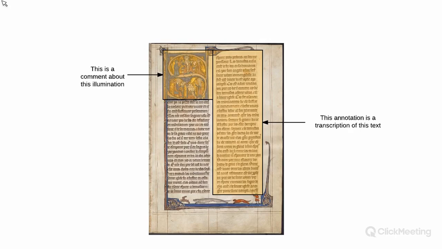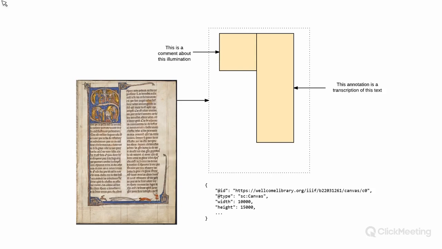Usually, if we think about annotations, we think of them as being things that we are adding on top of an image. So in this picture, conventionally, we would think there are two annotations in this picture. There's a comment about the illumination and maybe a transcription of the text.